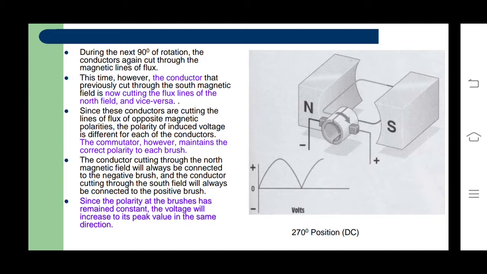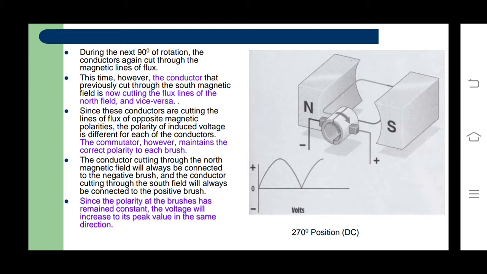Since these conductors are cutting the lines of flux of opposite magnetic polarities, the polarity of induced voltage is different for each of the conductors.